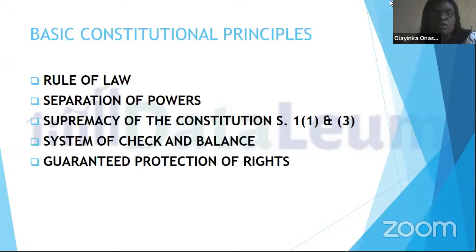However, the president also has powers to exercise in respect of the judiciary and the National Assembly. The president, on advice of the National Assembly, can remove the CJ. Okay, there was a situation that played out. That one will have to be explained much more later. So the system of check and balance is constitutionally guaranteed.